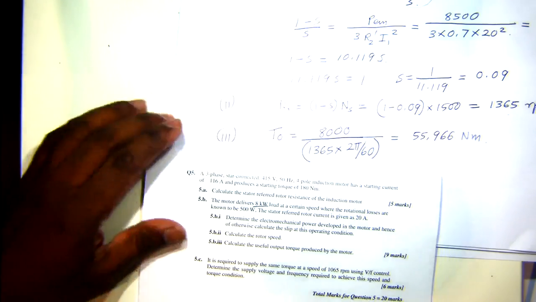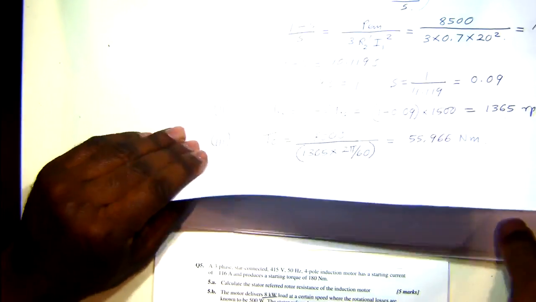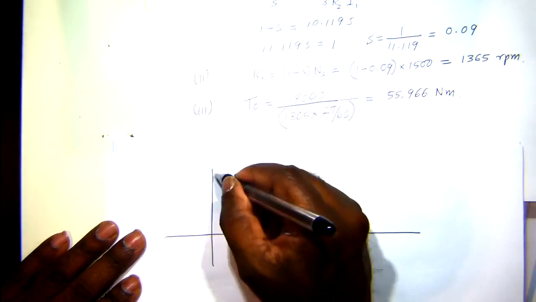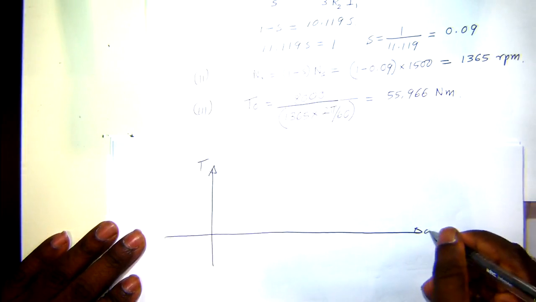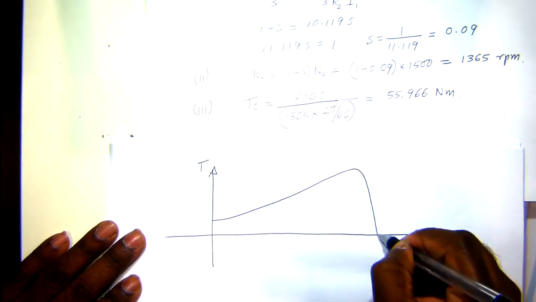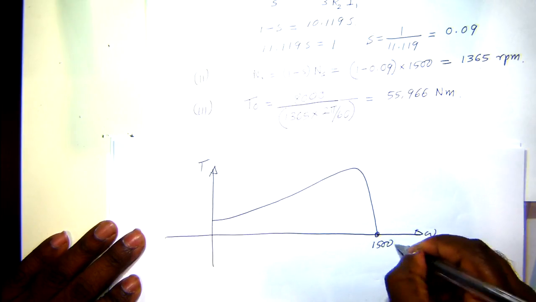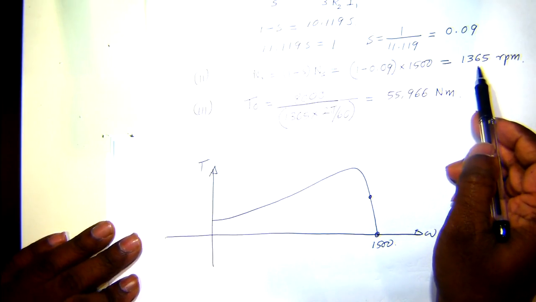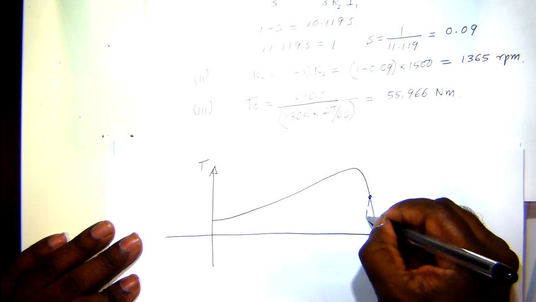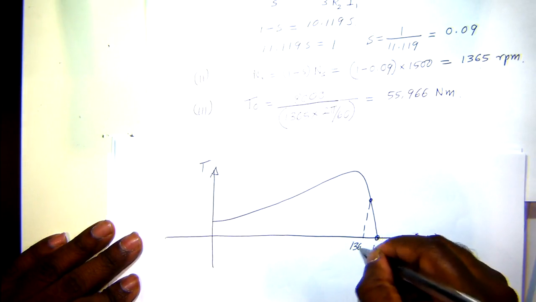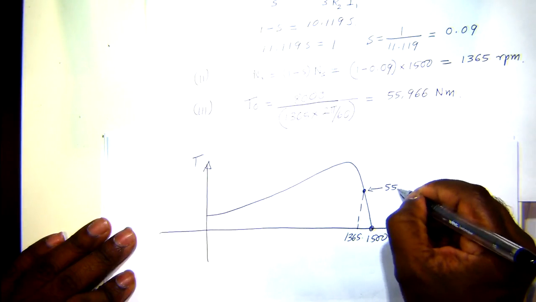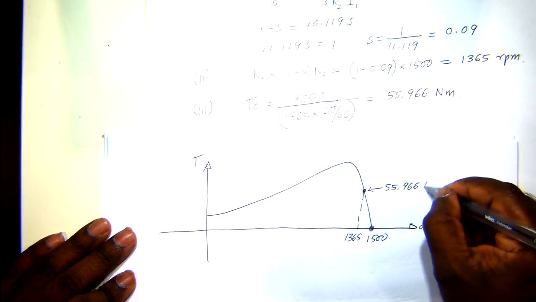So it's pretty much the same concepts we discussed before. Let's say if you look at the torque speed profile, for 50 Hertz you have 1500 here and 1365, 1065 somewhere here, and it's producing 55.966 Newton meter.